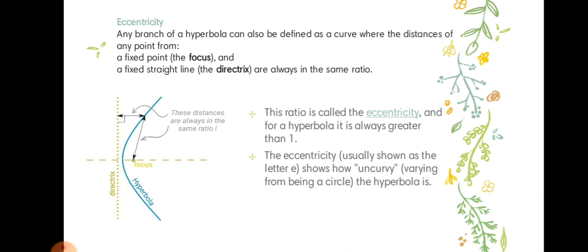For a hyperbola, it is always greater than 1. The eccentricity is usually shown as the letter e, and shows how uncurvy the conic is, varying from being a circle.